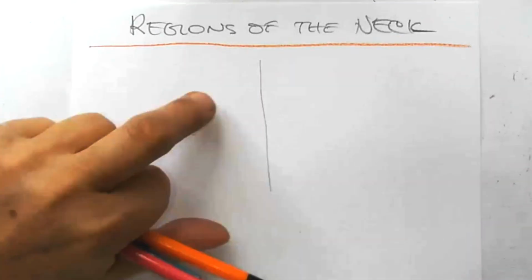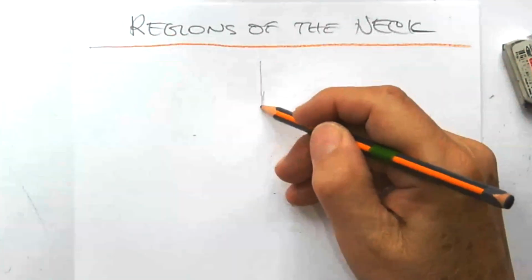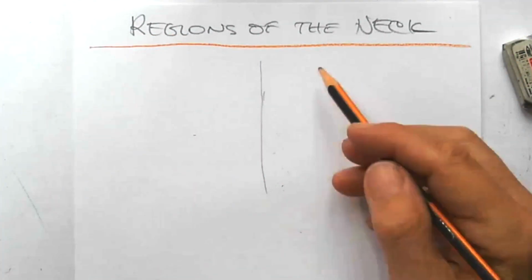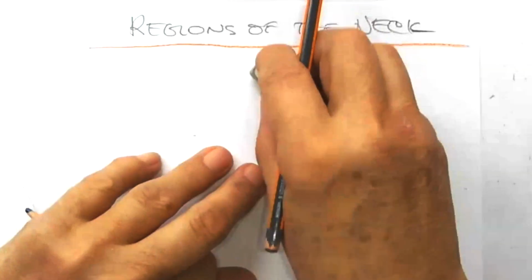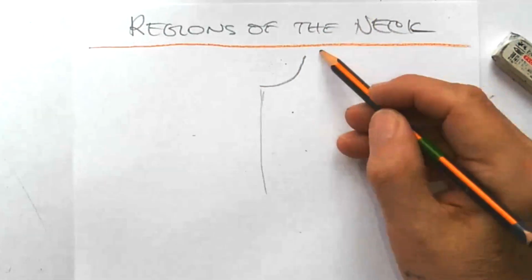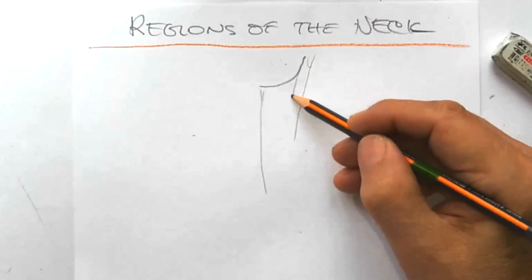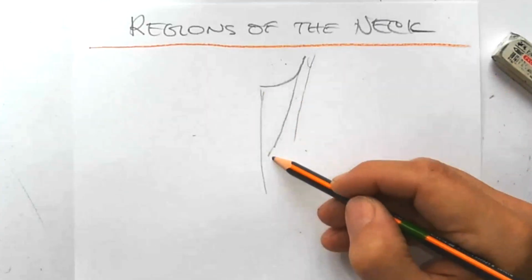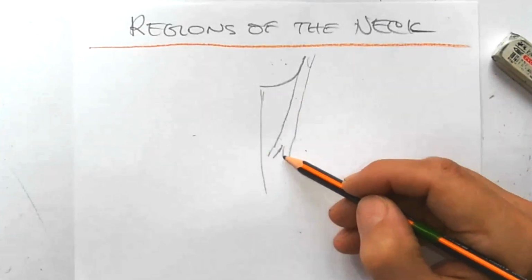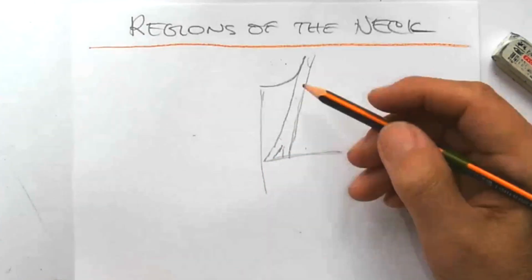Look, the best drawing, half of the regions of the neck divided by a vertical line, the median plane, then drawing the mandible, correct, from the mastoid process runs, of course, ascends the sternocleidomastoid. This is the clavicle, the sternocleidomastoid.